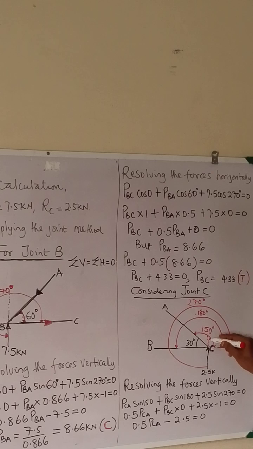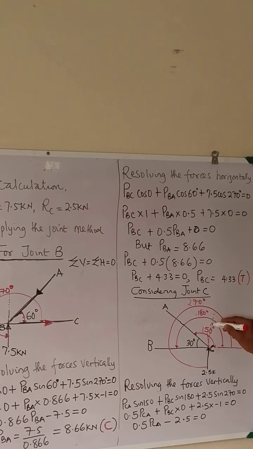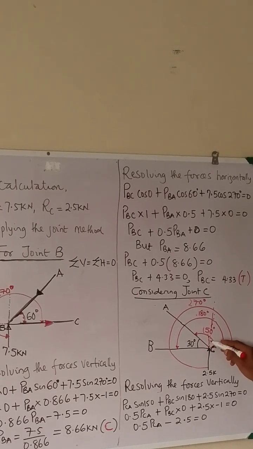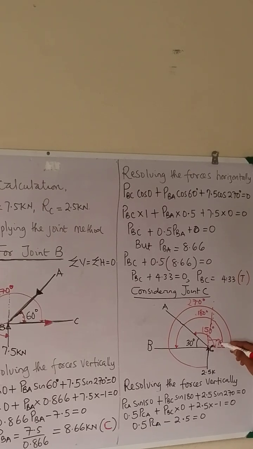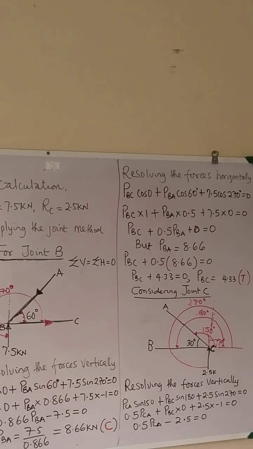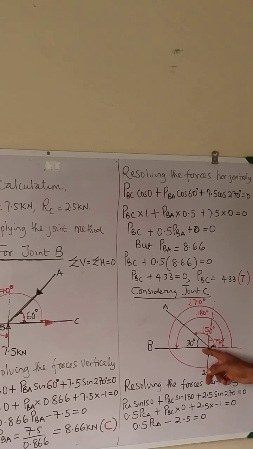That is because at this point, if it goes up straight, from here to here will be 90 degrees. And so having crossed this point, we know that after the 90 degrees from here to here is another 90 degrees, making it 180 degrees for angle in a straight line.